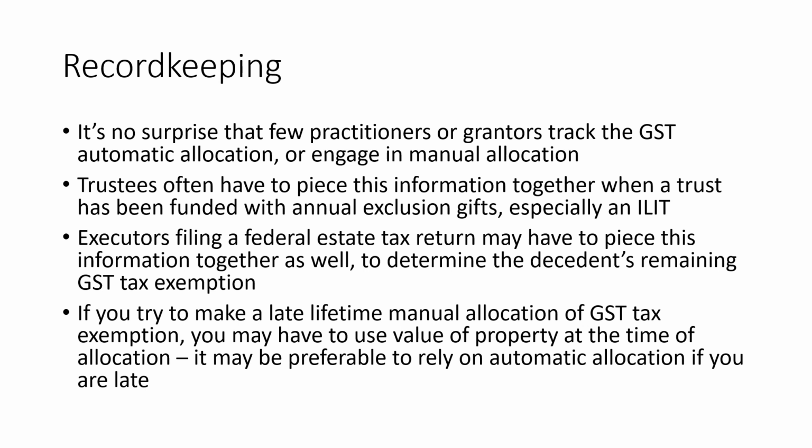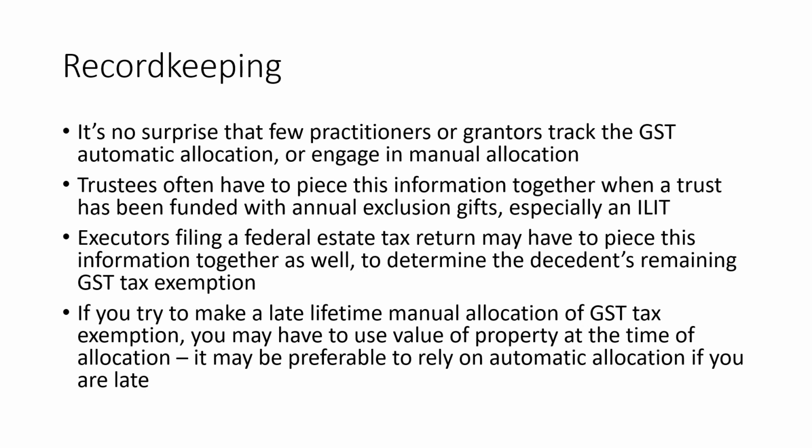So because of that, it's no surprise that few practitioners or grantors track the GST automatic allocation or even engage in the annual exercise of manually allocating through a 709. So because of this, trustees are often left to piece this information together for trusts that have been funded with annual exclusion gifts, especially trusts like an ILIT.